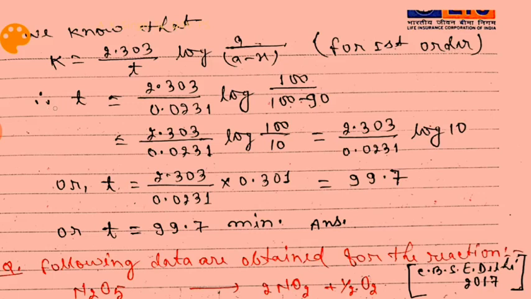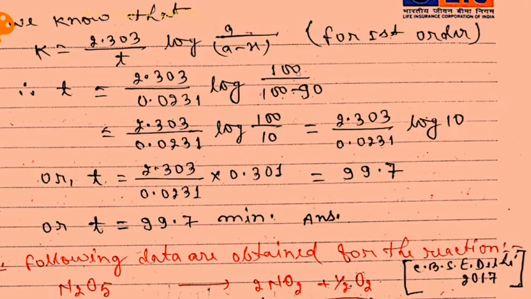On putting the values of a, x and t, we get k is equal to 2.303 by t log a by a minus x. Now, on putting the value of k, a and x, we get t is equal to 2.303 by 0.0231 log 100 by 100 minus 90.